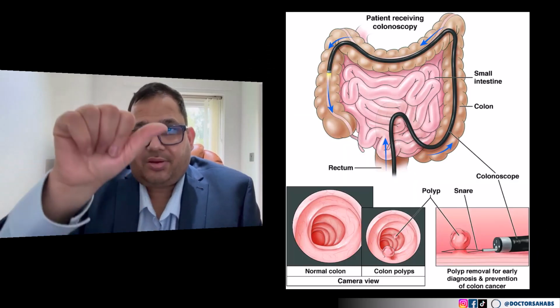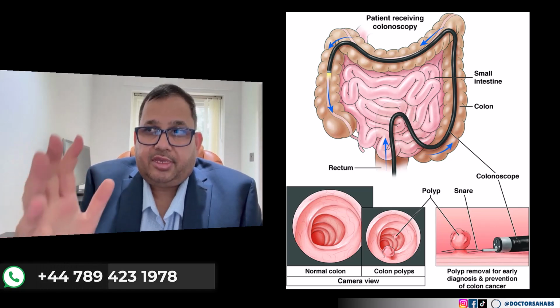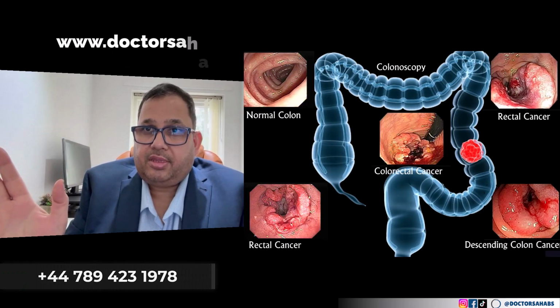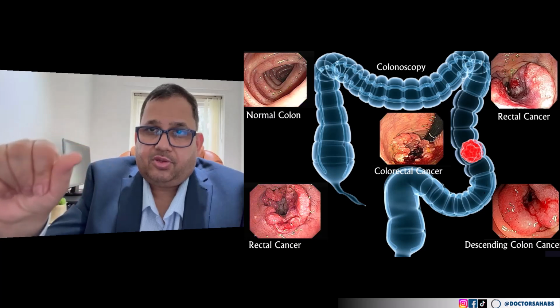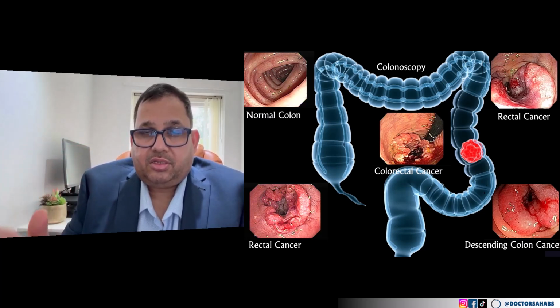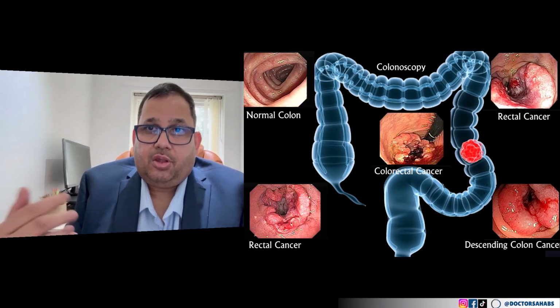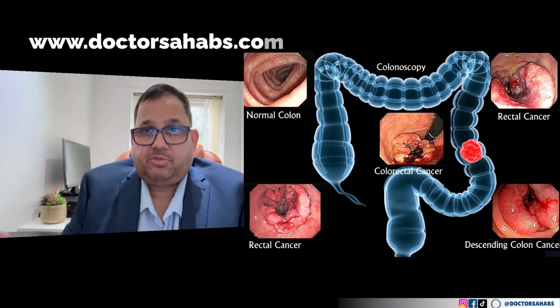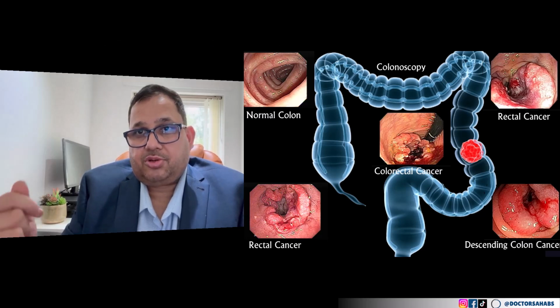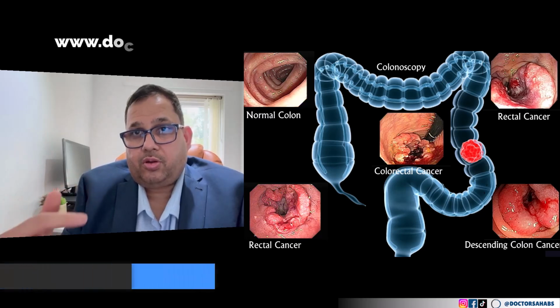They check through the colonoscopy. They put the camera in and look through it. First, they clean your bowel and advise you on some precautions, and you have to follow their advice before the procedure. During the procedure, they look inside your colon through the camera.